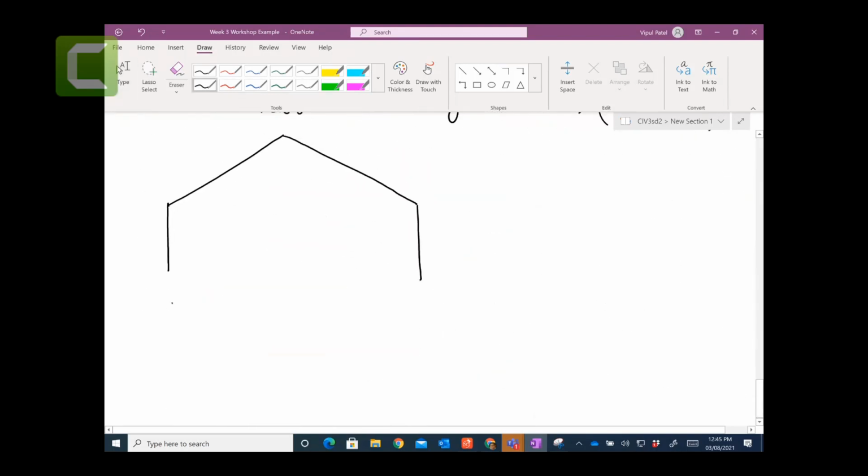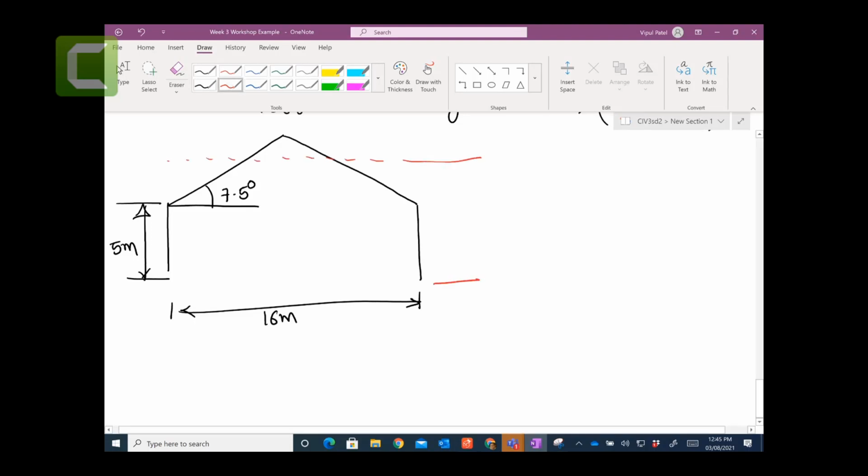First number is 16 meters, second number is 5 meters, third number is angle 7.5 degrees. Now our question is to find this H, right? That is given in Figure 2.1, that is explaining this height.